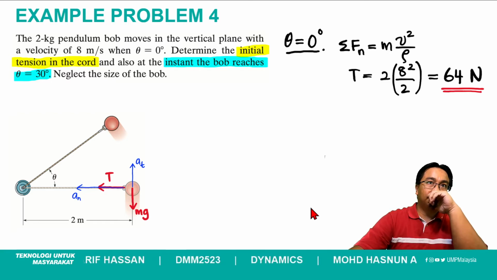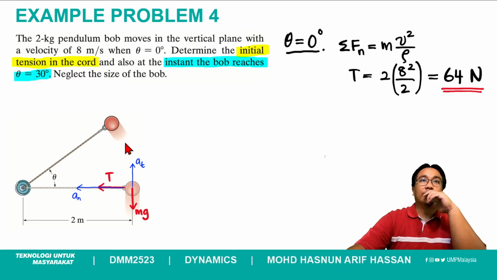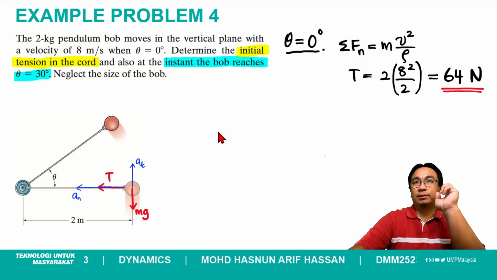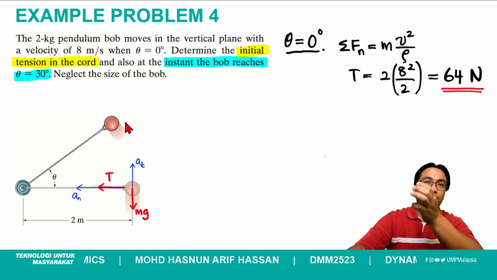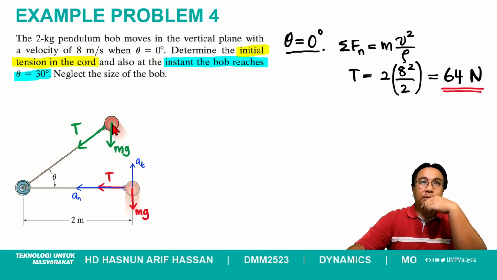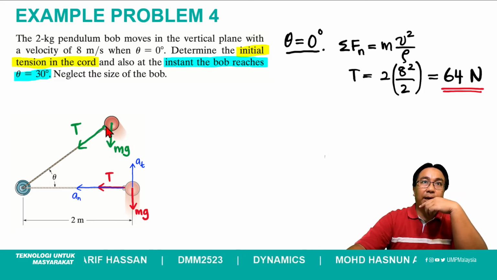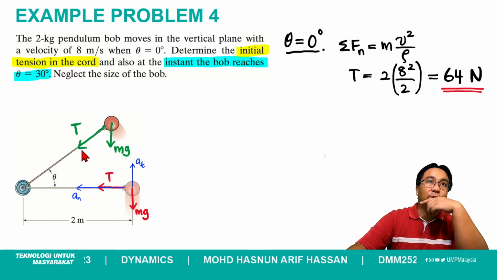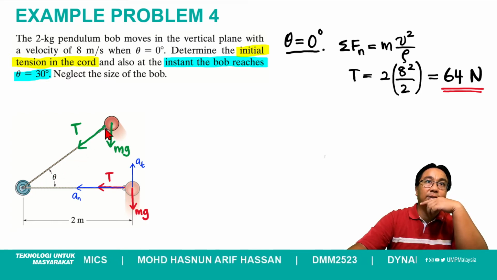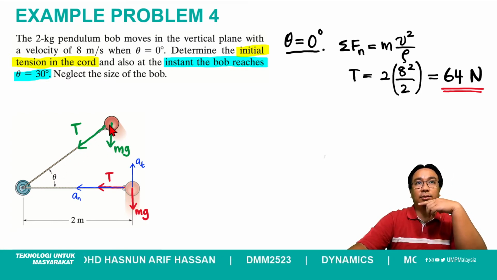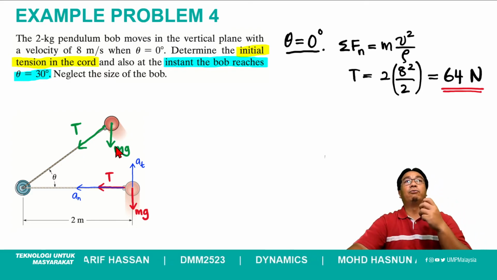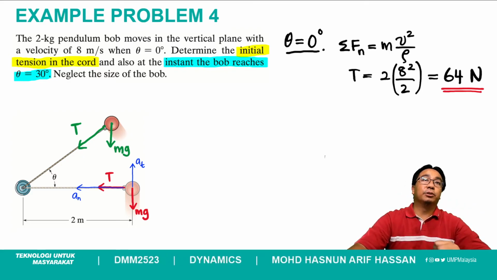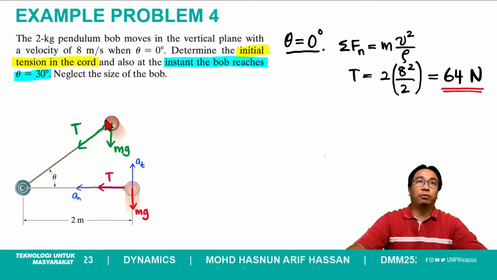Same as the previous mg. Good. Remember, the weight will always act downwards. It will not act at an angle. So mg will stay downwards, but the tension now follows the cord. The cord is now in this direction, so this will be the tension. So this is the free body diagram for the second position of the bob.